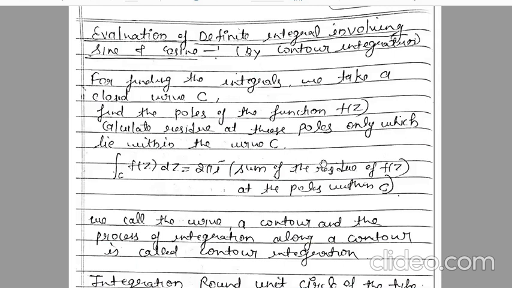If the poles lie inside the circle, then we find the residue. So residue means by Cauchy residue theorem. What is Cauchy residue theorem? Integration of f(z) dz is equal to 2 pi i into the sum of the residues of f(z) at the poles within C, right? So this is your second step.